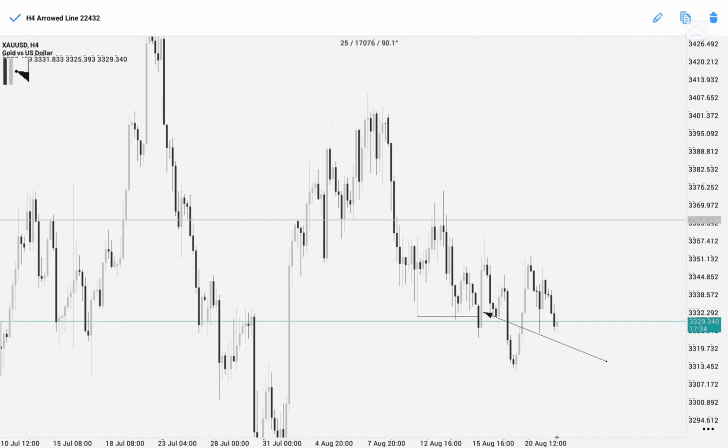As it broke structure downwards, it retraced, then came down again, breaking another structure.